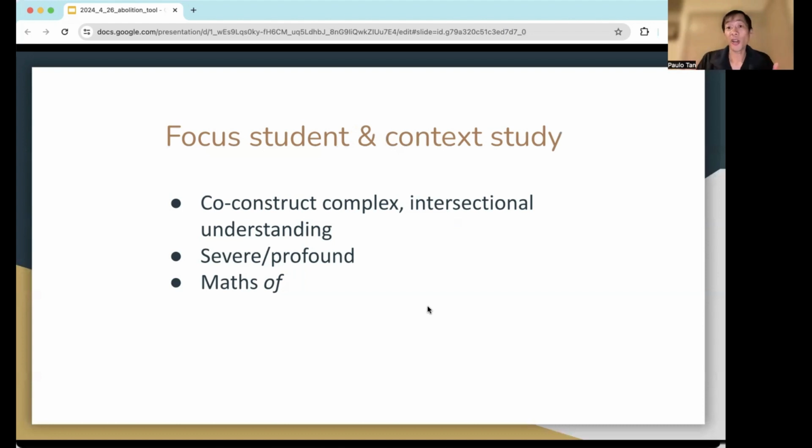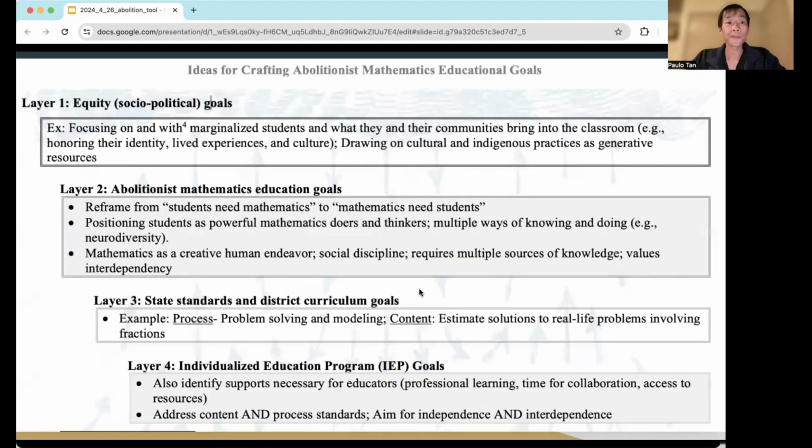I'm just providing some ideas here and sharing a concrete example of how I do it. I think abolitionist practice can work with prospective elementary teachers, and again, abolitionist practices vary and can be done in many different contexts, in many different ways. And again, this is just one way of doing that.